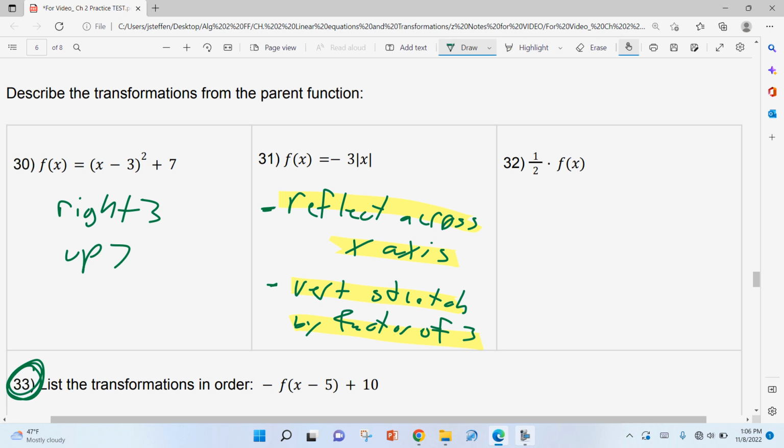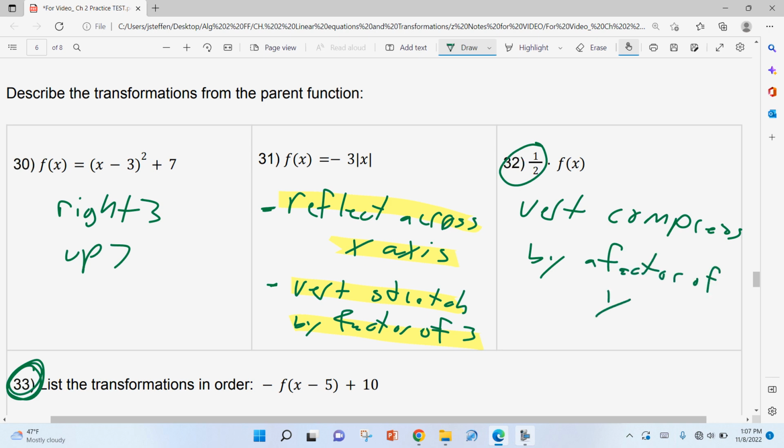The next one, so we have a weird f of x this time, but that's okay. We talked about this in class. It's still the same thing. 1/2 is in front, and so that is a vertical compression by a factor of 1/2.